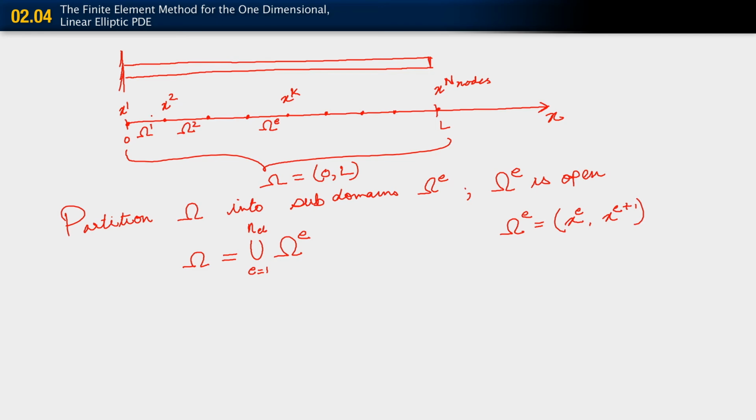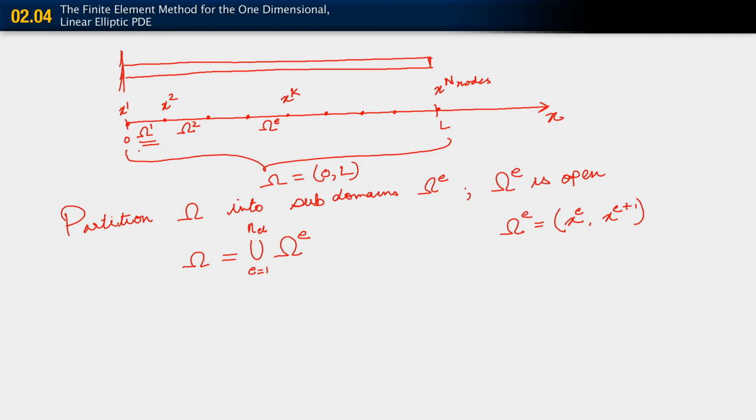Clearly, omega 1 is the open interval x1 to x2, and so on. Okay? Now there's one more thing we need to do here for technicality.